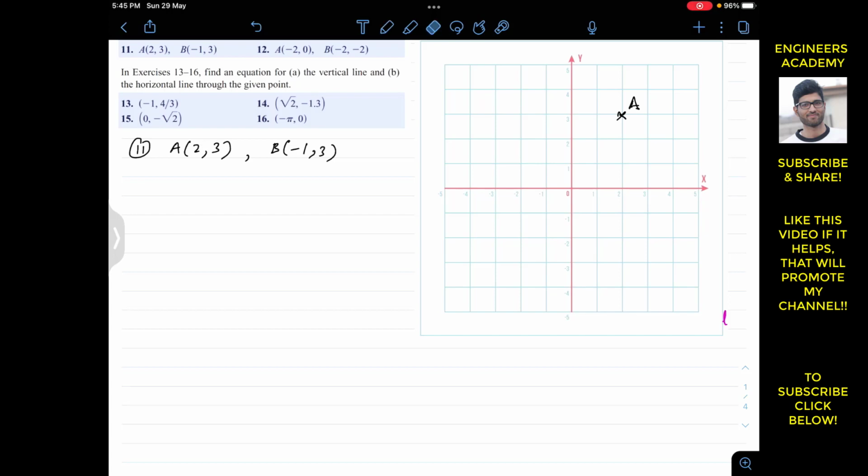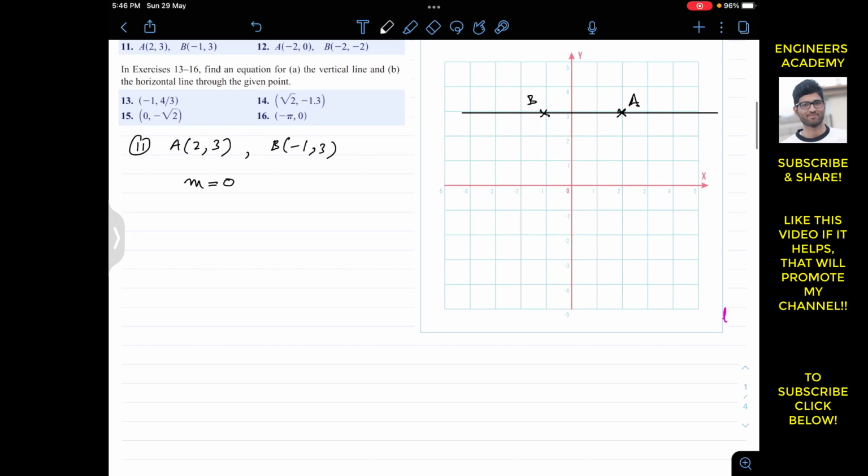And point B is minus 1 and plus 3. So somewhere here. So this is point B. If we join these 2 points, this represents a horizontal line, and the slope of the horizontal line is 0, and we can confirm it if we find the slope by change in y divided by change in x.